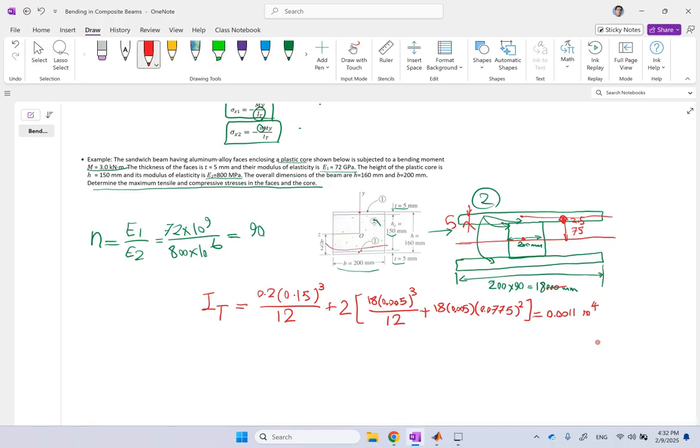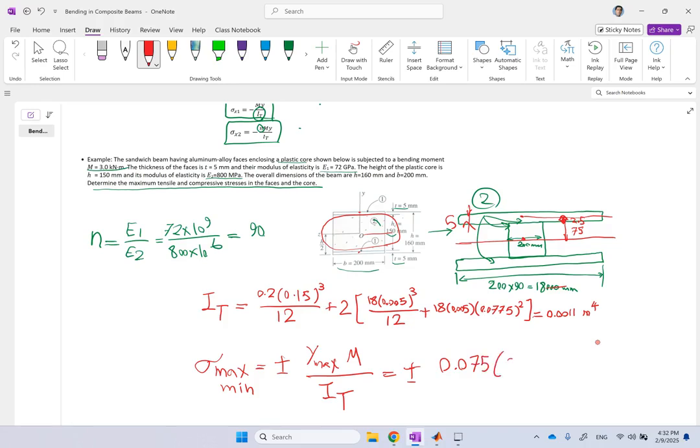So for section 2, which is the weak section, the formula is still the same. Sigma, you can find it, correct? So sigma max and min in this case is plus and minus y max times M over I total. Now y max and y min for this section is half of 150, which is 75. That's 75.